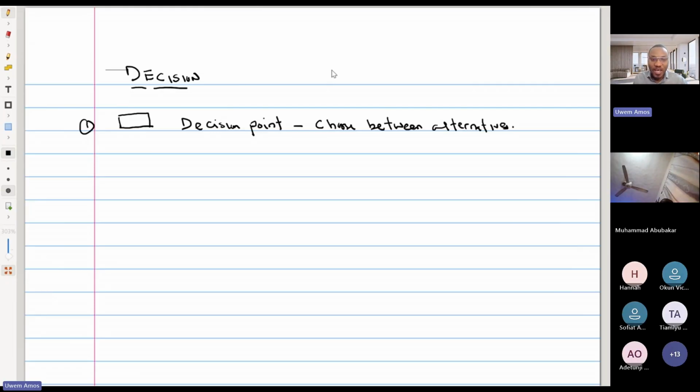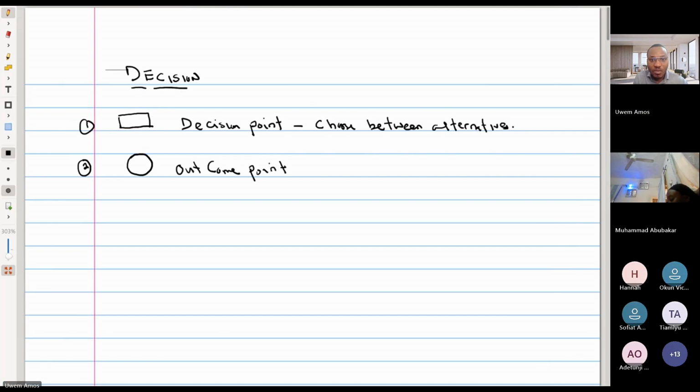Now, when you make a decision, you expect some form of outcome. And that outcome is designated with a circle symbol. It is your outcome point, or sometimes called the expected value point.